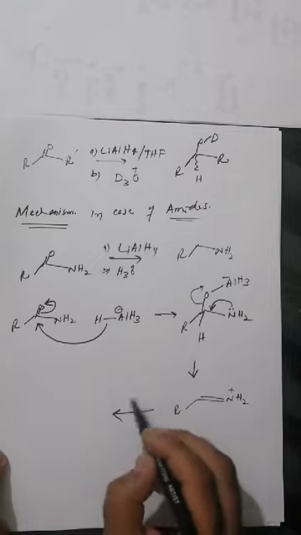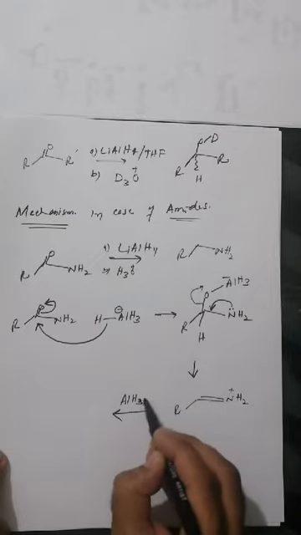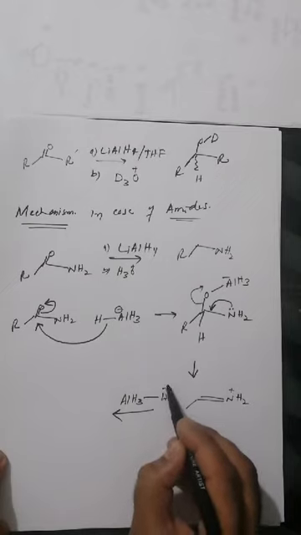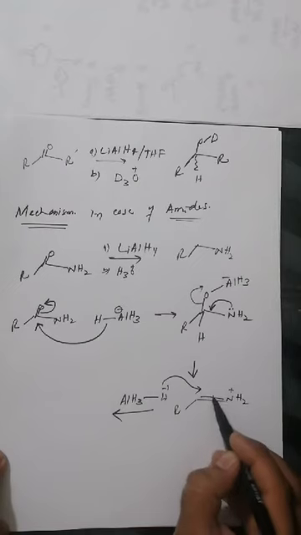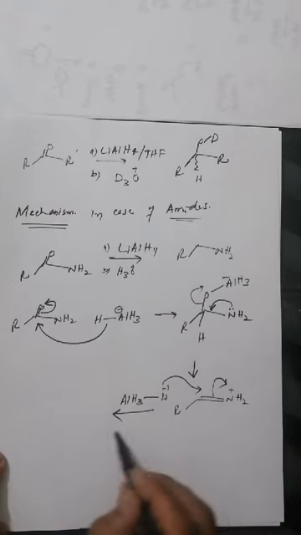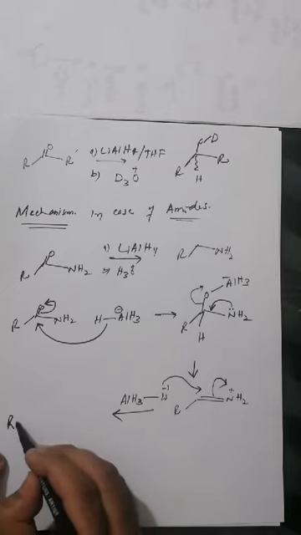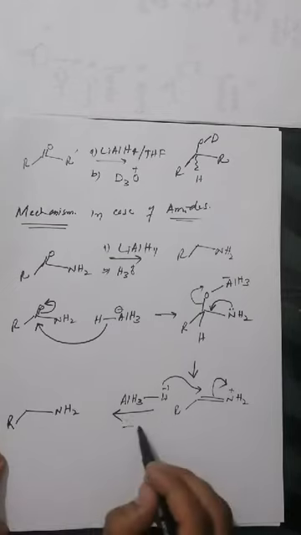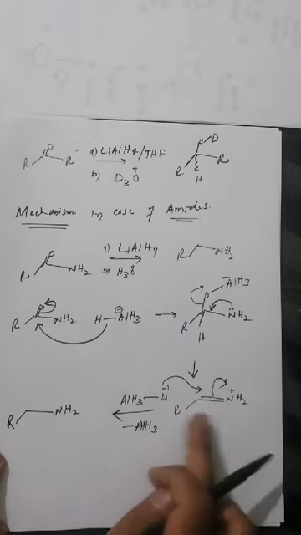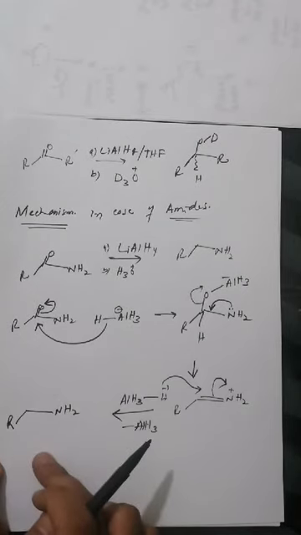What happens next? Again, another AlH3 hydride ion attacks over here, and this moves back. So you get minus AlH3. So what you are getting? You are getting the amines.